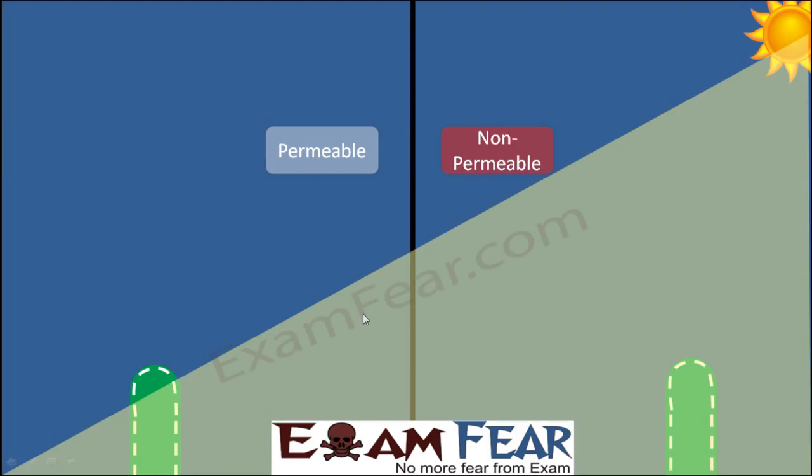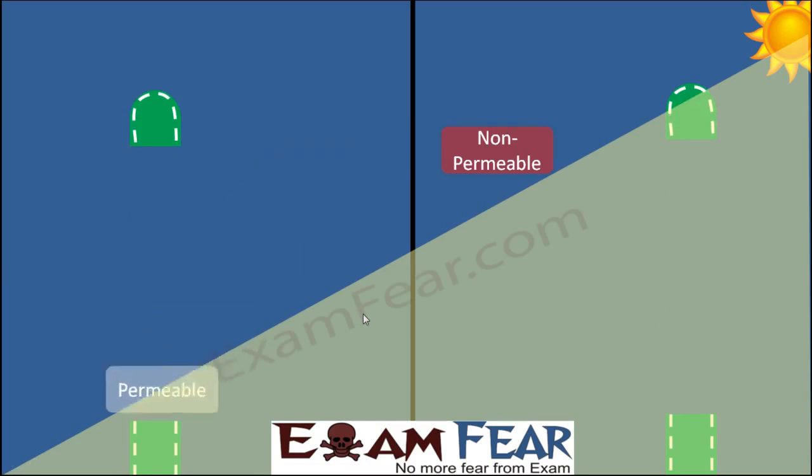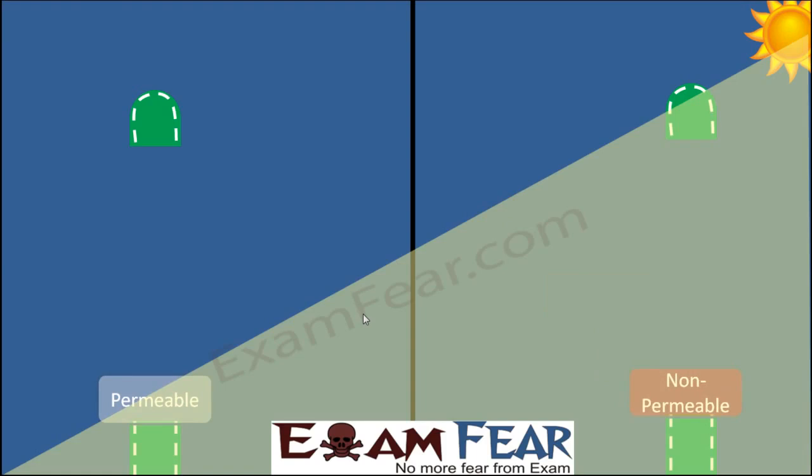So by now it was clear that there was something in the shoot tip because of which the stem was bending towards sunlight. So now in order to get more idea on what exactly it was, this next experiment was performed where in the first case a permeable membrane was inserted between the shoot tip and the rest of the plant, and in the second case a non-permeable membrane was inserted between the shoot tip and the lower part of the stem.